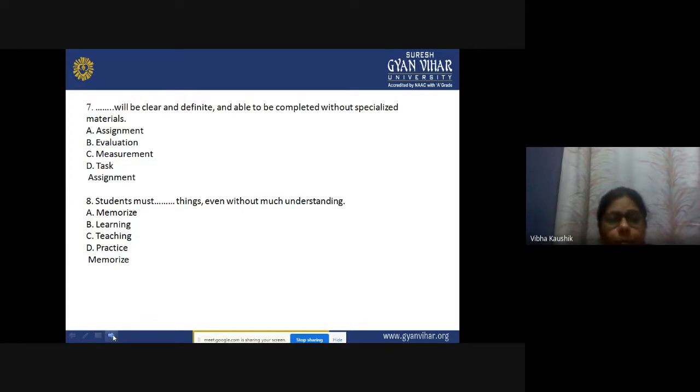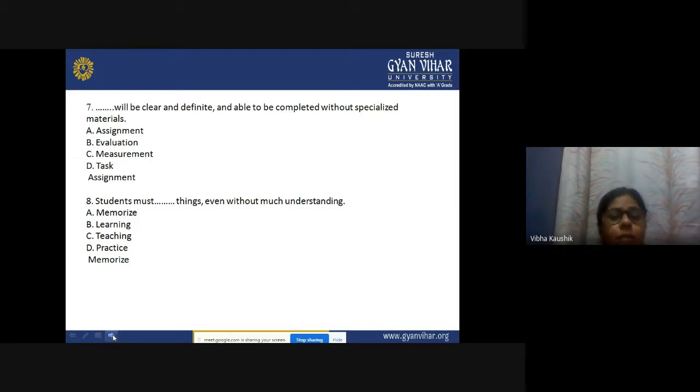Now the student must memorize things even without much understanding. Now what we are saying is that students will be involved in memorization even without understanding that particular concept. Is this the correct answer? Or student must learn things, meaning the students will be involved in the learning process even without understanding that concept. Student must teach things, the students are involved in teaching things even though they do not understand that concept.